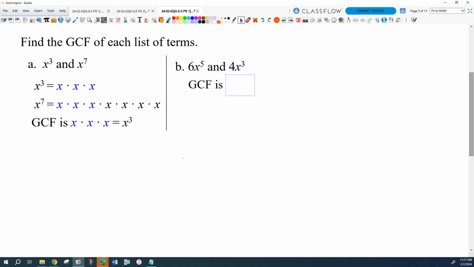What's the greatest common factor? I want to know what's the biggest number that divides into 6 and 4? 2, you got it. So 2. And then what power of x would I include? Show me with your fingers. Yeah, good, x cubed, right? I can only take the smaller of the two powers, and so we get 2x cubed. You got this, okay?